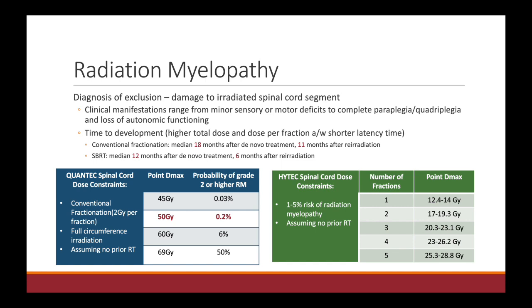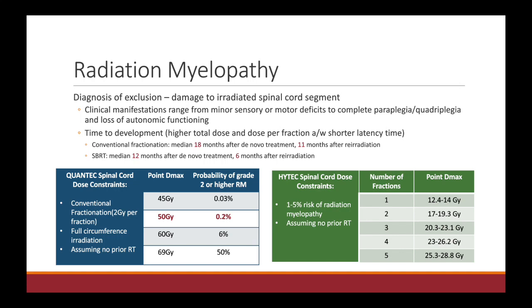These constraints assume no prior radiation, and they assume full circumference radiation. So for the spinal cord, at a point max dose of 50 gray in 2 gray per fraction, the Quantec dose constraints tell us that the probability of grade 2 or higher radiation myelopathy is 0.2%.